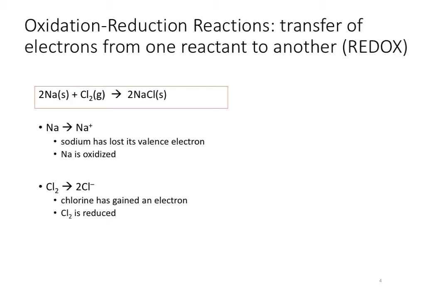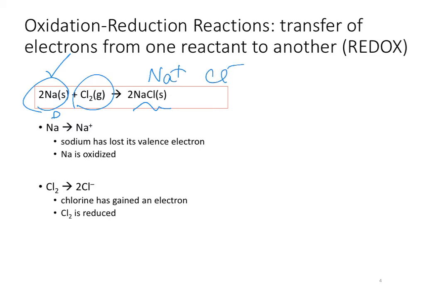All right, so it's pretty easy to see when there are full charges involved when it's a redox reaction. So, for example, if the elements sodium and chlorine combine to form an ionic compound, sodium chloride, it's pretty easy to see what's happened to each of these elements. Sodium starts out as just the neutral element, and then we know that any ionic compound really consists of the individual cation and anion.